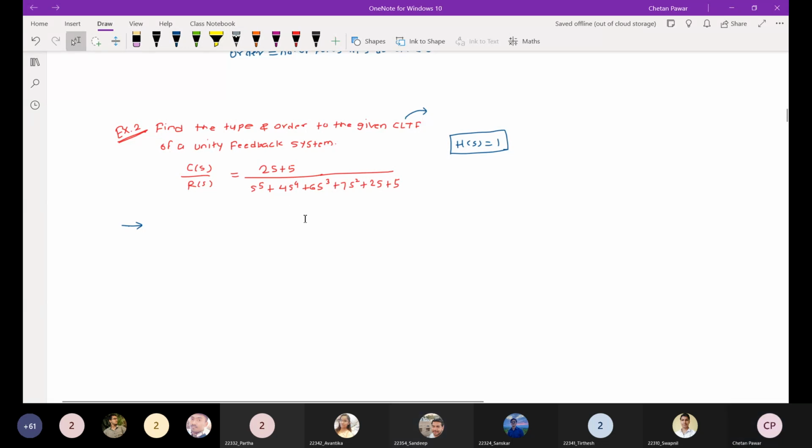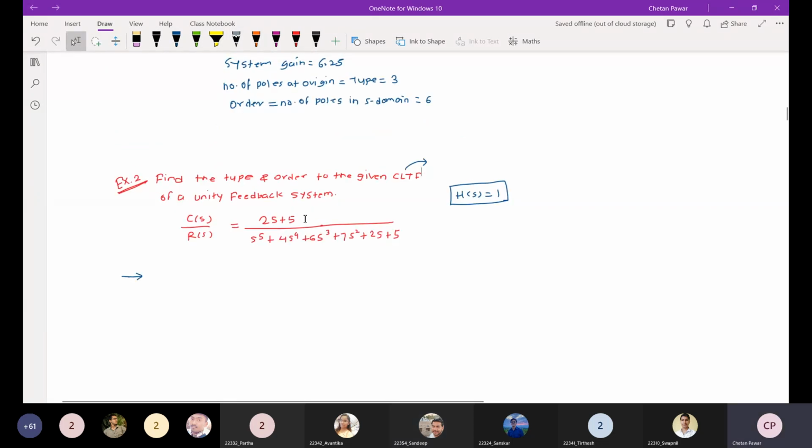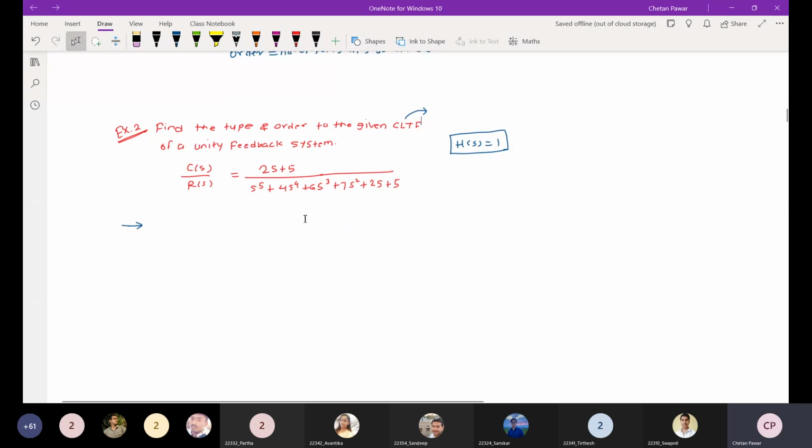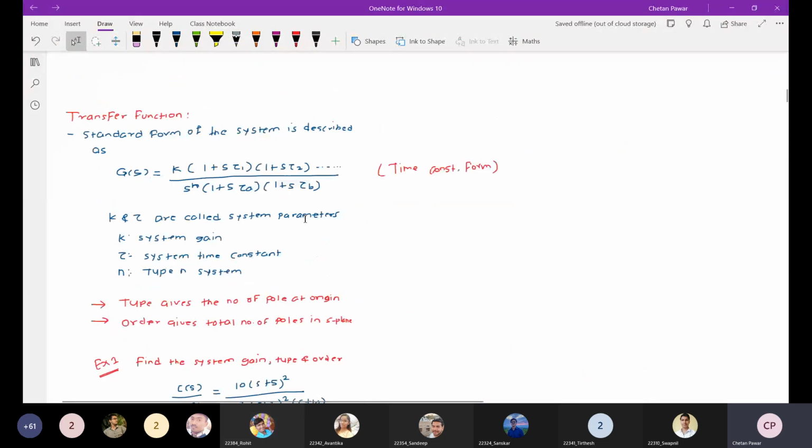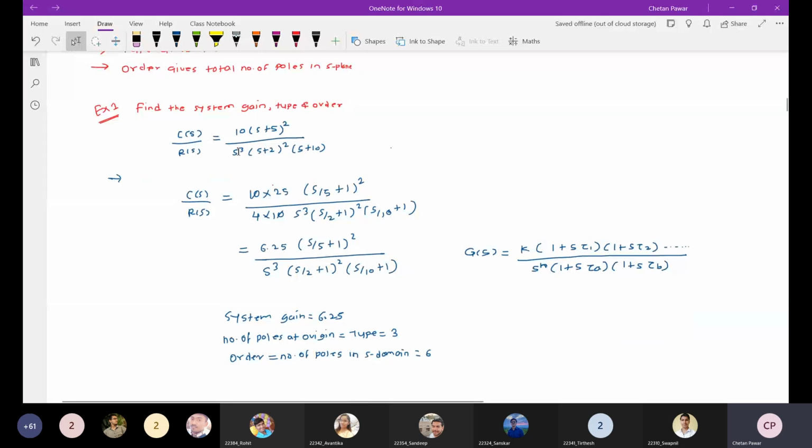One? How will the type be one? 5? No, I think you haven't understood the concept. Here you can see s cube, right? So there are 3 poles at the origin. If you draw the S domain for this, there will be 3 poles at the origin, 2 poles at -2, and 1 pole at -10, right?